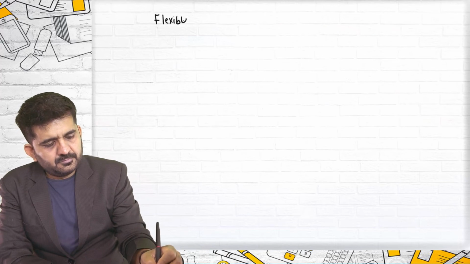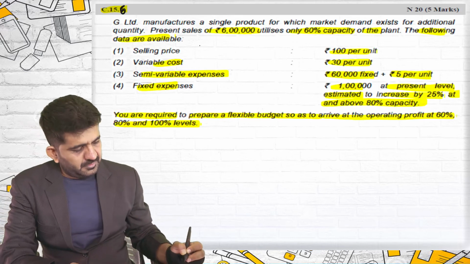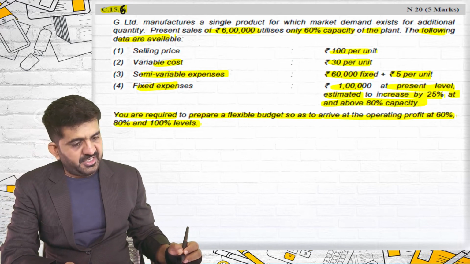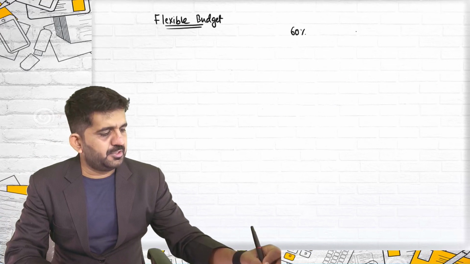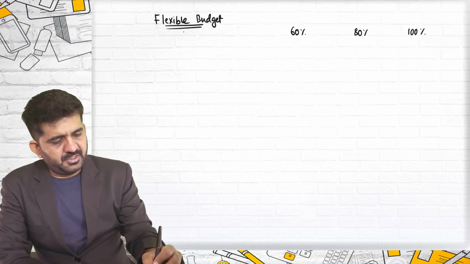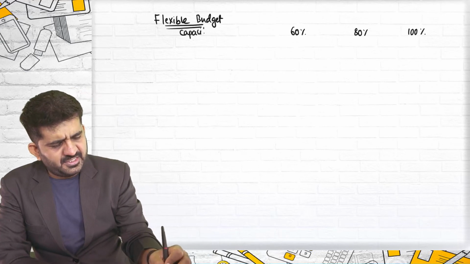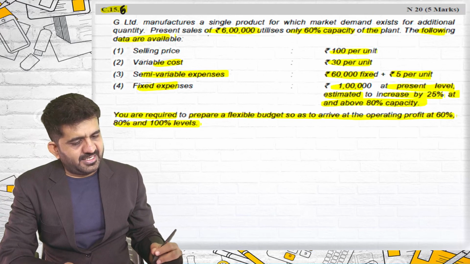We are drawing a flexible budget. Again, extremely easy. At 60, 80 and 100% level. 60 is the current level, right? 60%, 80%, 100%. This is the capacity level. What is sales at 60%?